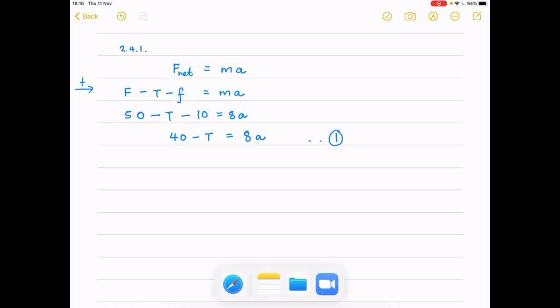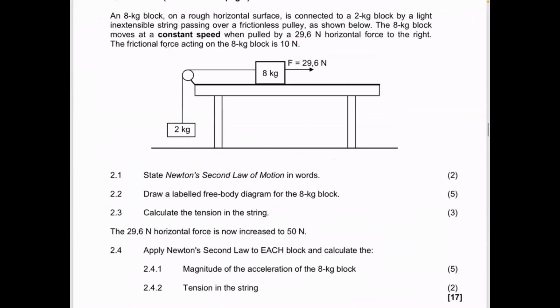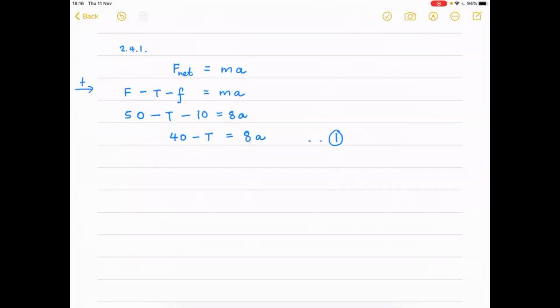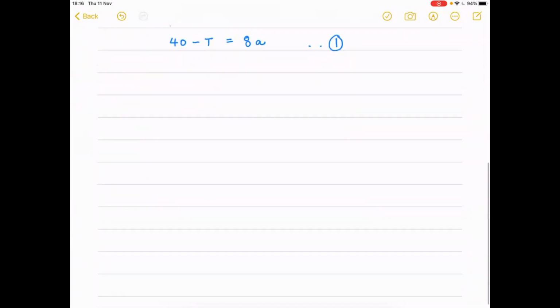Now we must apply Newton's second law to the 2 kg block. So let's do the same thing, and you can do it with me. We start off by writing F net is equal to ma. For the 2 kg block, I'm going to take upwards to be positive.